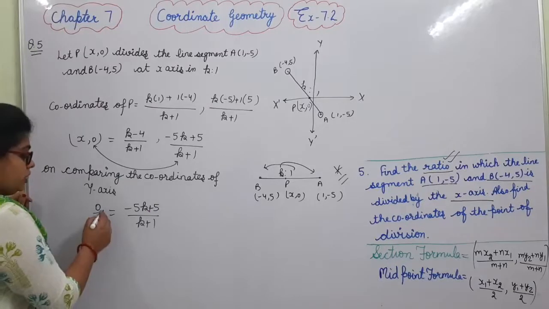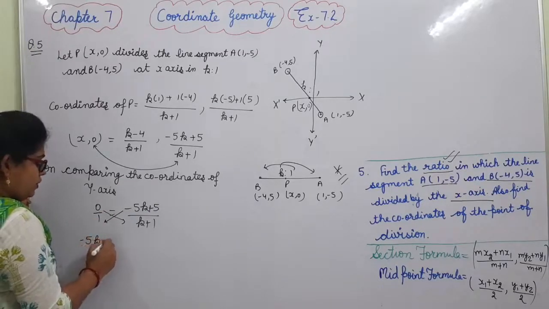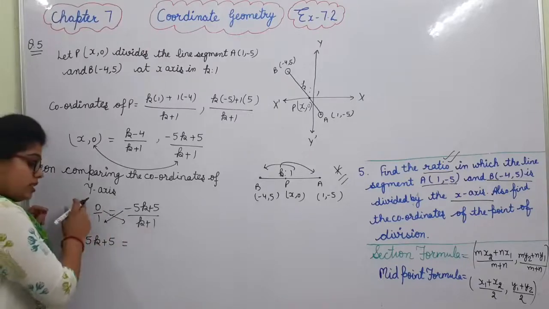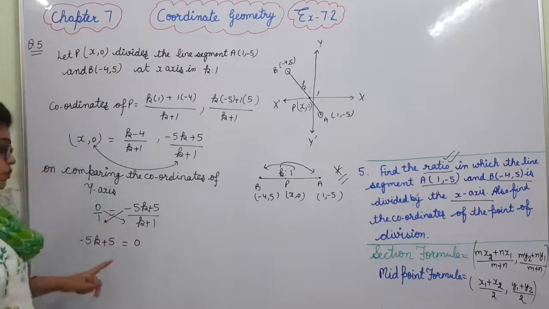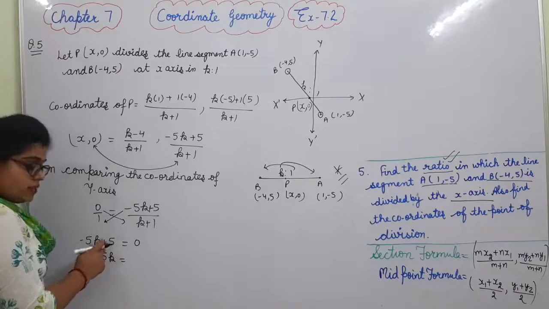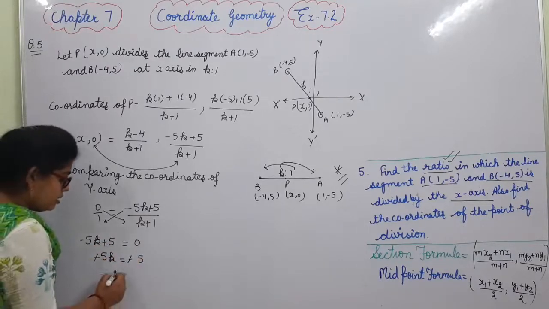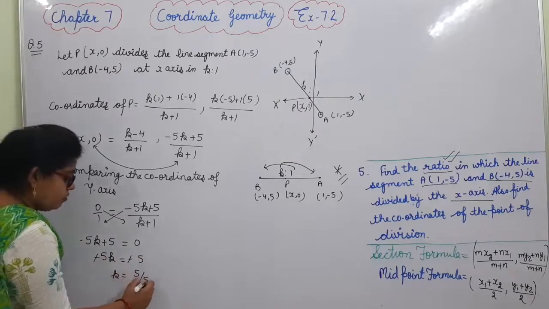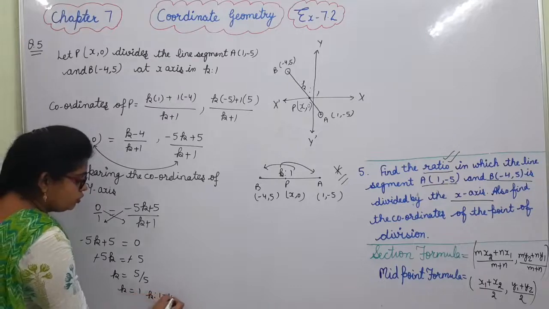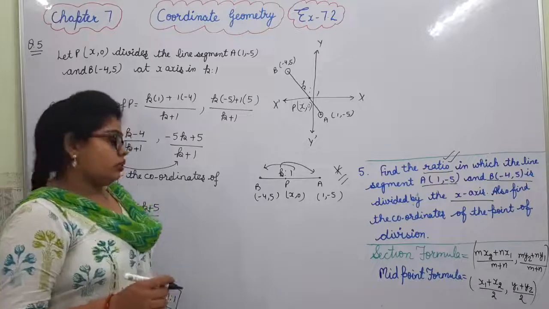On cross multiplication, 1 into minus 5k plus 5, we get minus 5k plus 5, and it is equal to, when we multiply by 0, 0. From here minus 5k is equal to minus 5, the minus signs cancel each other, k is equal to 5 by 5, which means k is equal to 1, or k:1 will be equal to 1:1. So the required ratio is k:1.